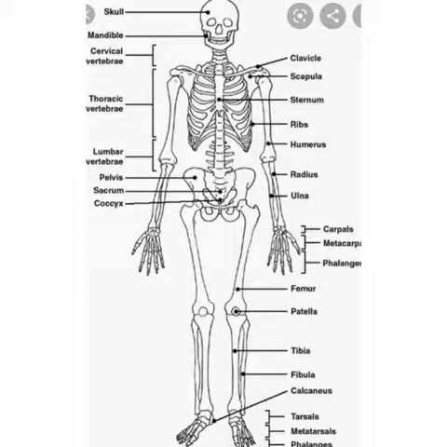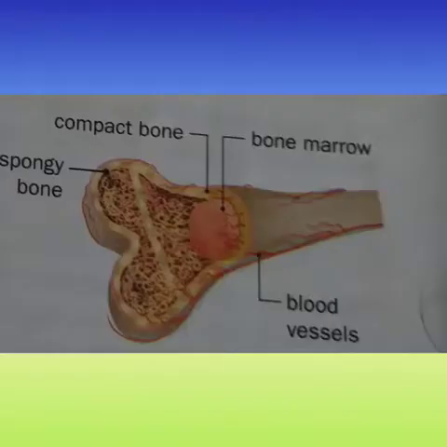Now we will read about the function of a bone. This is a bone. Bone consists of compact bone, bone marrow, spongy bone, and blood vessels. Now we will read the main functions of the bones that form the skeleton.